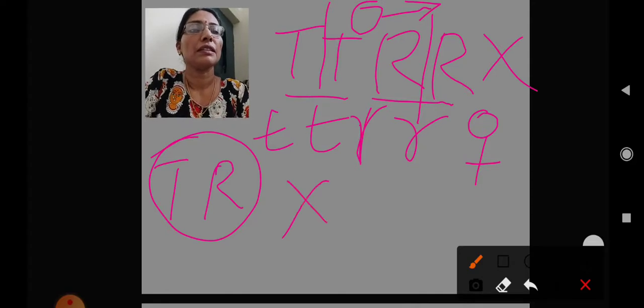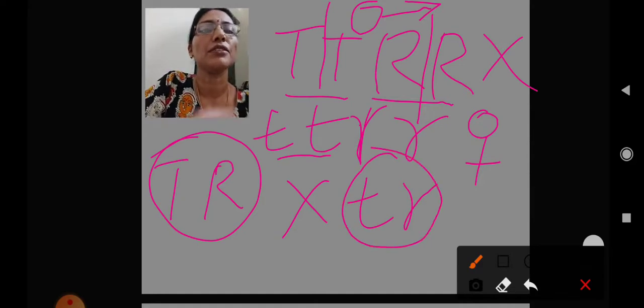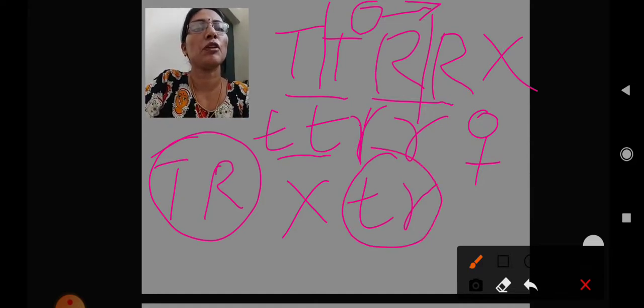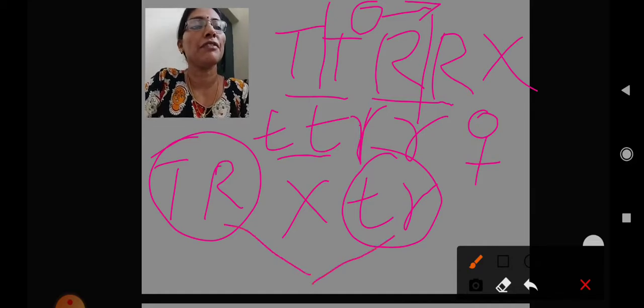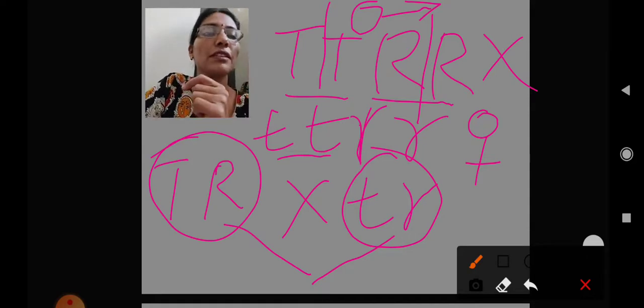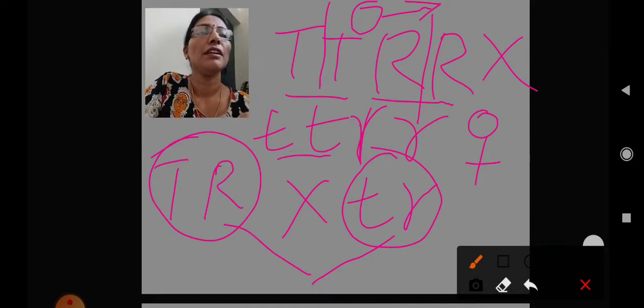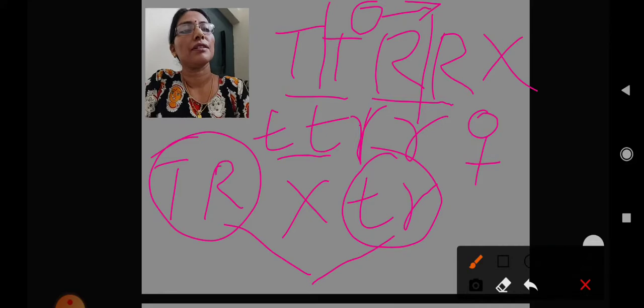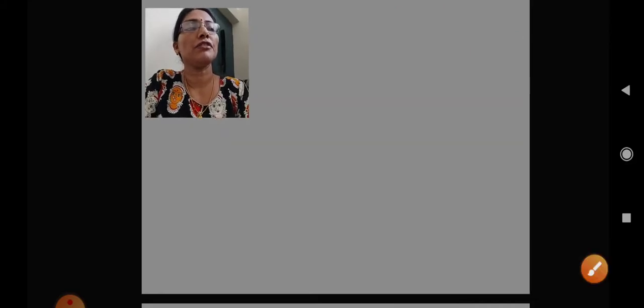That will be fused with the other parental gamete, the female parental gamete, small t and small r. In the female parent, one small t and one small r separate out and form the gamete. Now they will fuse together.